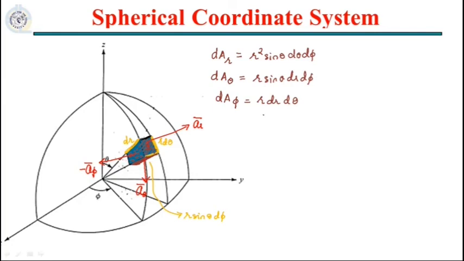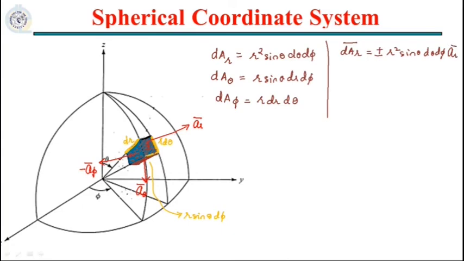Okay, so now let's go back to our areas and associate them with the unit vectors. I'm just going to include a new set of equations here. For an r constant plane, I define dA_r bar equal to plus minus r square sine theta d theta d phi, and the direction unit vector is a_r bar.